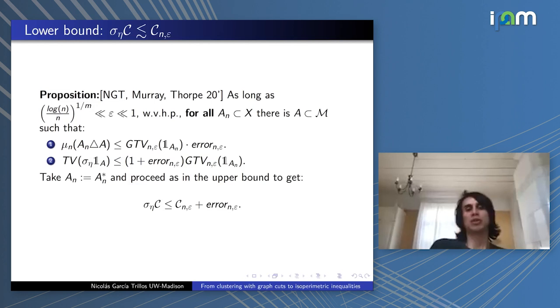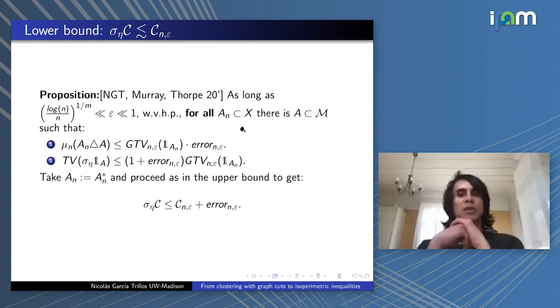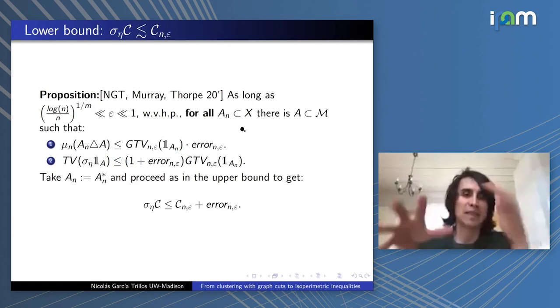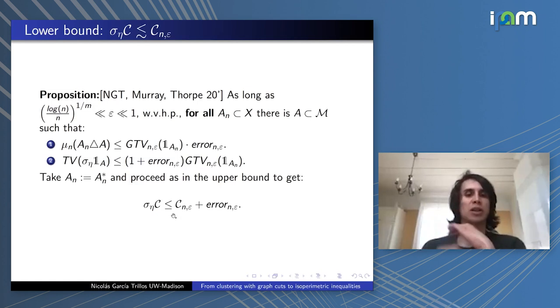Namely, we would start with the solution to the discrete problem, and then we would interpolate, and then we would reduce the energy in this way to obtain a lower bound over here. So just to recap, this is more delicate because we need these sorts of inequalities for all possible subsets of a data set. But once you have a result like this, you can obtain the lower bound for the Cheeger constants in a more or less simple way.